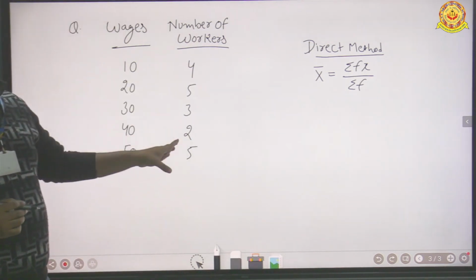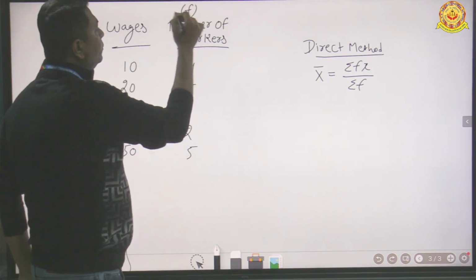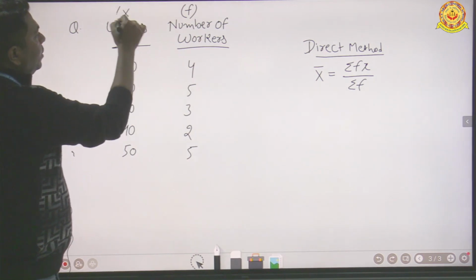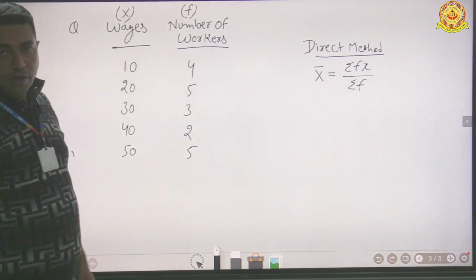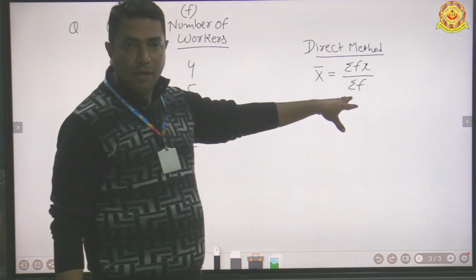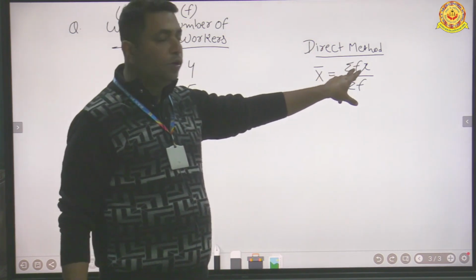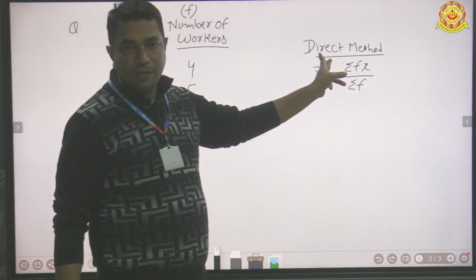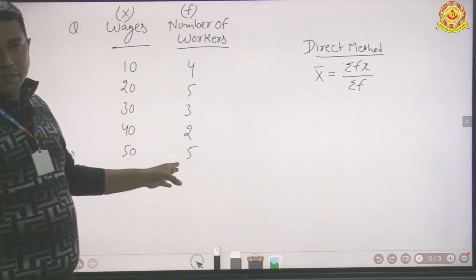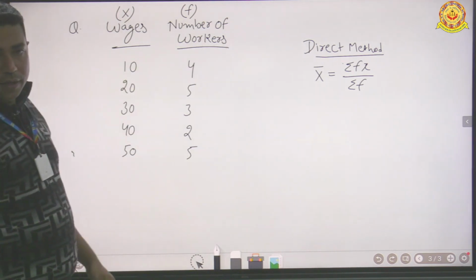The number of workers, as I said, are the frequencies, and this is the variable given to us, that is X. The formula we use for the direct method is sigma fx upon sigma f. So first, to get sigma fx, we need to multiply the x values with the frequencies.